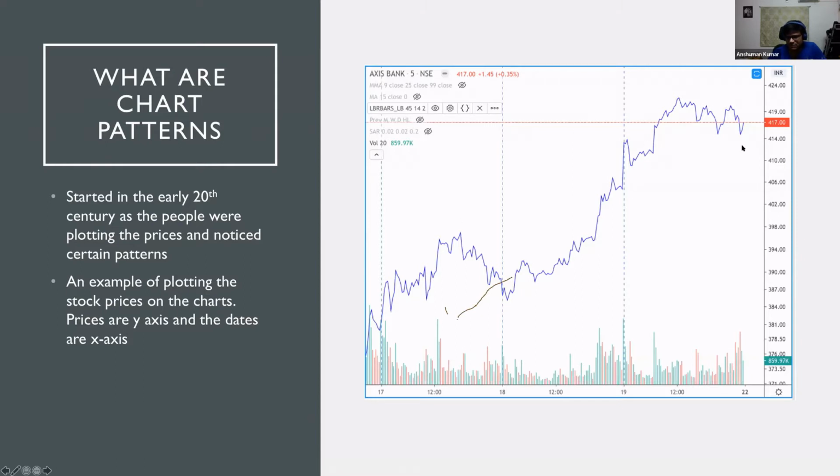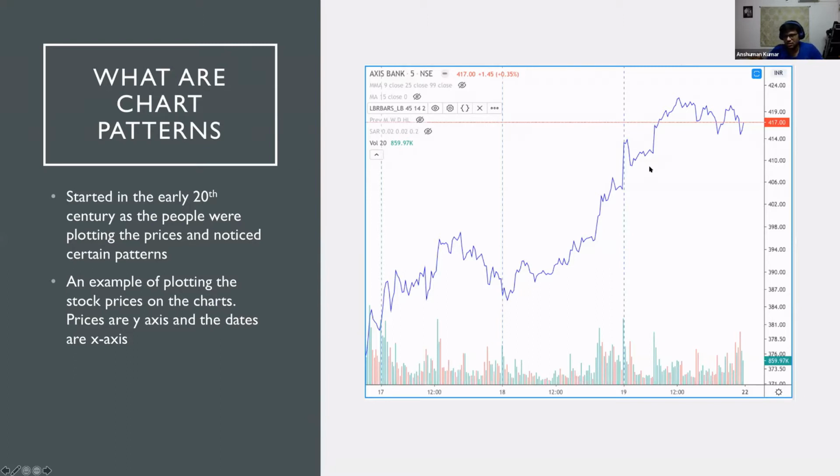And what we have right now is an example, which is computer generated. In the early 20th century, this was all handwritten. Now it's all generated by the computer. You don't have to do anything. The basic thing that is happening here is you're taking the closing prices, you're plotting them for each of the days. So day one, day two, day three, you're just plotting the closing prices.